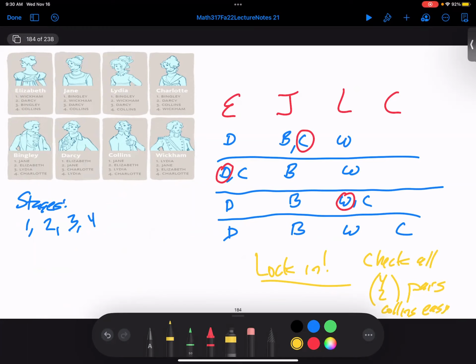How do we know each woman will eventually get an offer? Good. Each man has to rank everyone. You can't just say, as Darcy, it's Elizabeth or bust. You have to list everybody. And so we know that if you're a rejected man, you've ranked everybody.